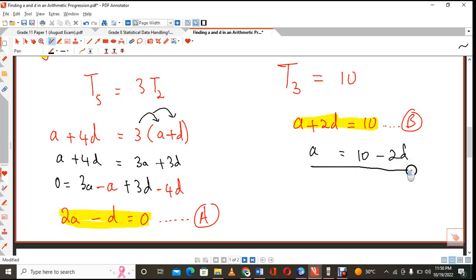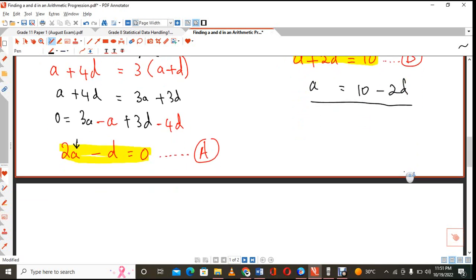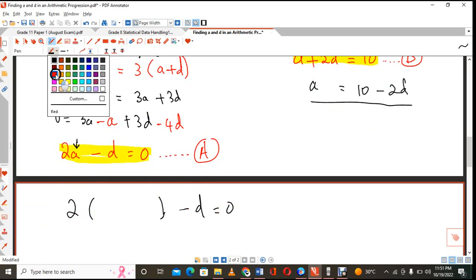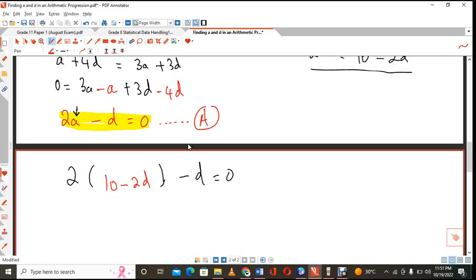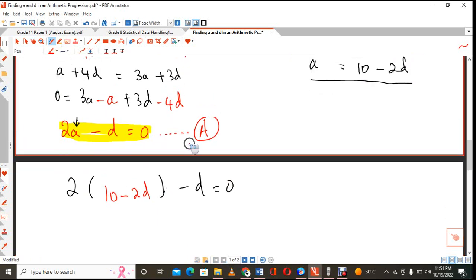So everywhere we have an A, I am going to replace it by this whole 10 minus 2D. So let's solve them at the same time. That means 2, now I'm going to take what I have for A, minus D equals 0, and in this place I'm going to have 10 minus 2D. This is going to allow me to find the value of D. I'm just going to rewrite this equation, A equals 10 minus 2D.